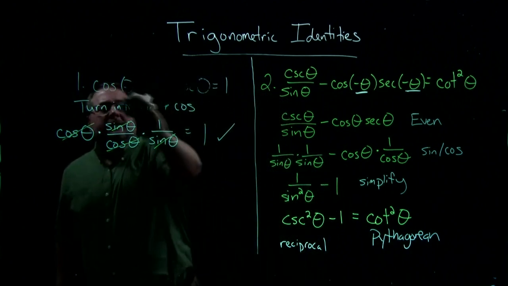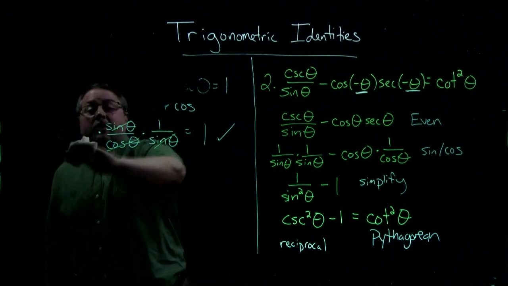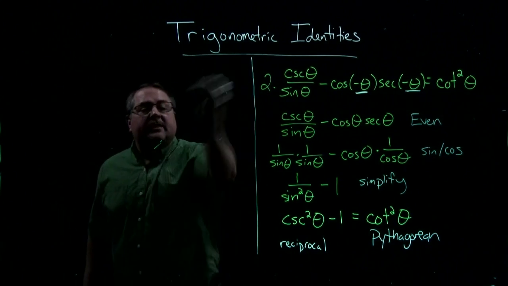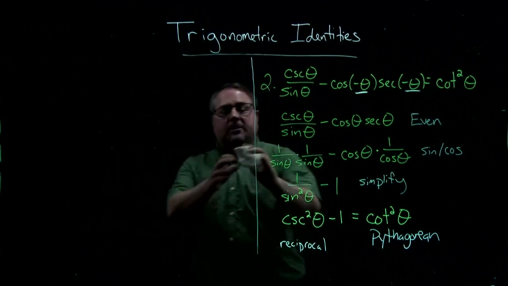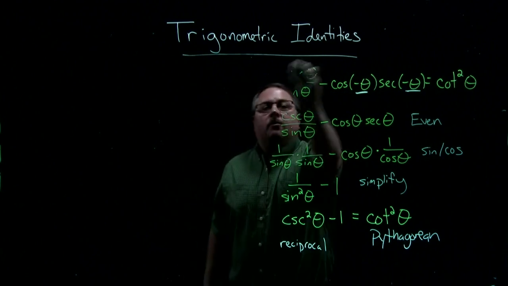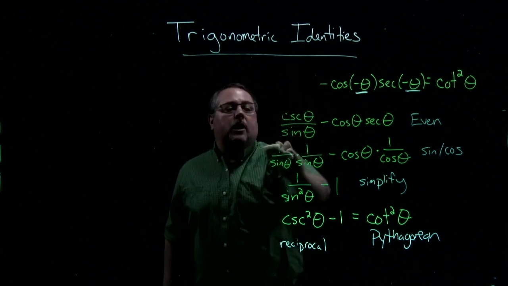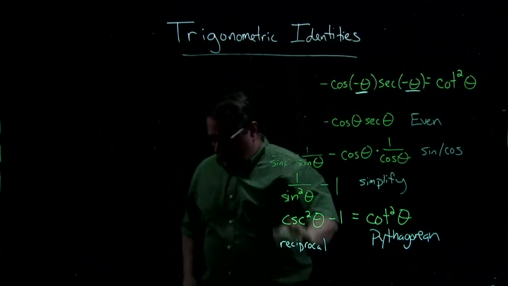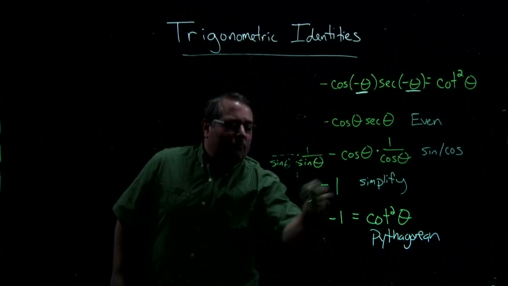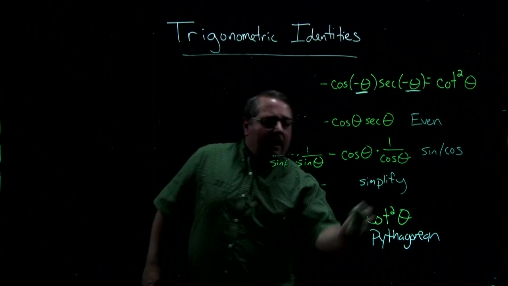We're just using some of our fundamental identities. And again, writing things in terms of sine and cosine is a very powerful tool. If you're stuck on proving a trig identity, a lot of times just writing everything as sines and cosines will get you pretty far.